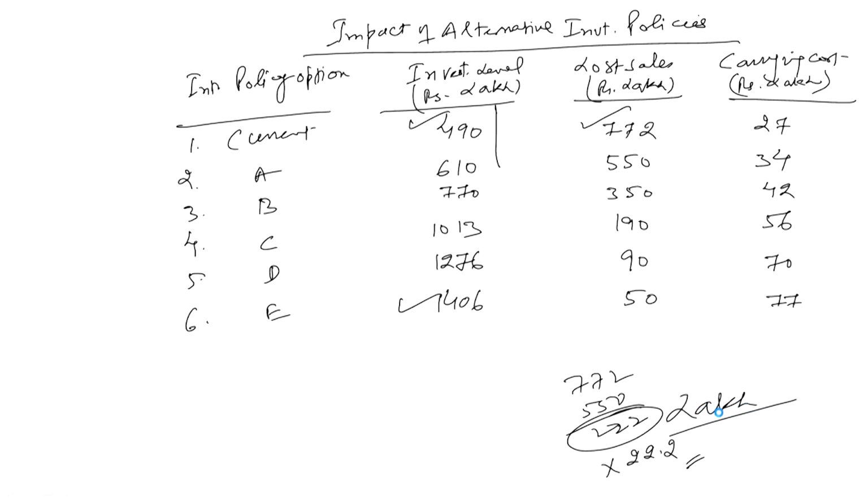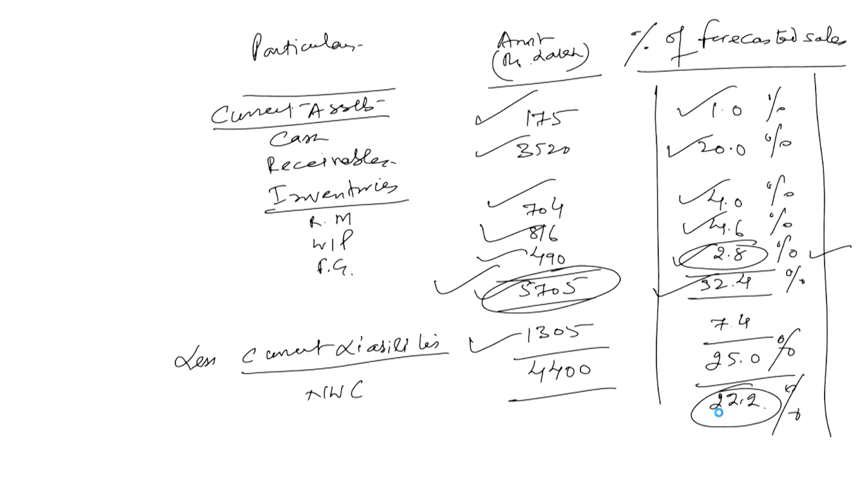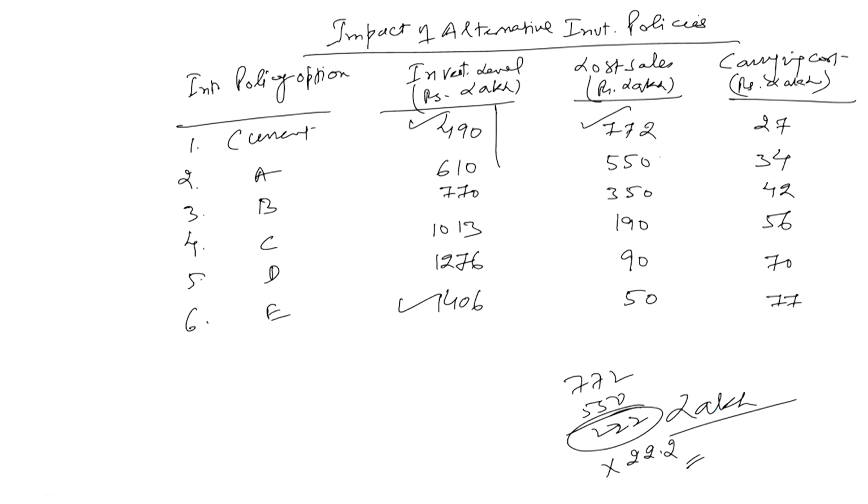Net working capital here we have calculated as a percentage of the forecasted sales. If you take out the finished goods inventory by 2.8%, then the new net working capital is 22.2%, and in this case the new sales is 772, the old sales is 550.